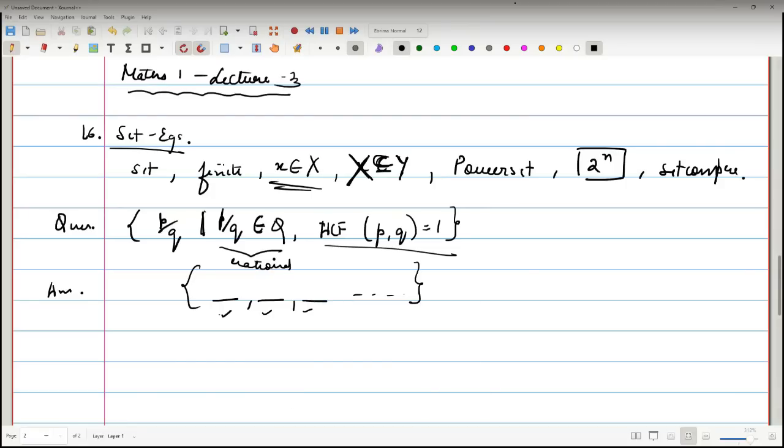Common factor should be 1 for both numerator and denominator. Yes, very good.